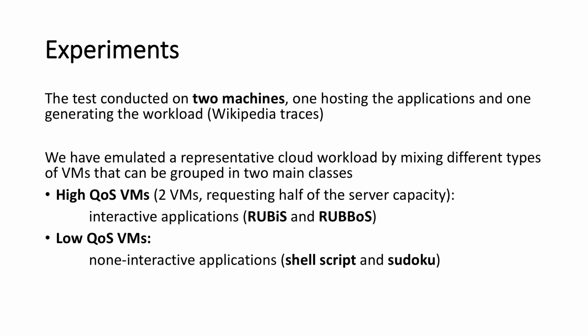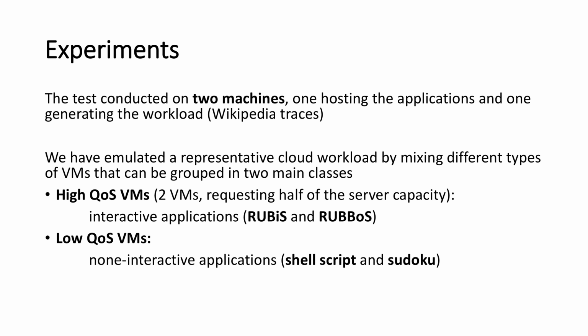Now the experiments. The tests are conducted on two machines, one hosting the application and one generating the workload, connected through a 1 GB link. The first machine is a server consisting of a total of 32 cores and 56 GB of memory.